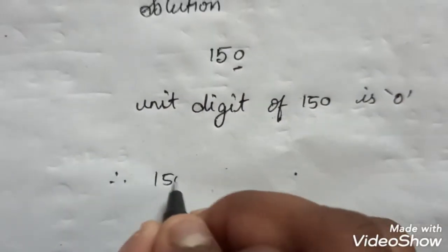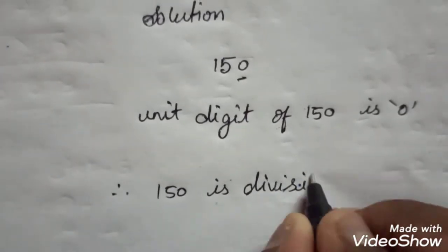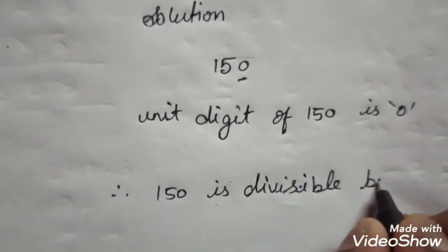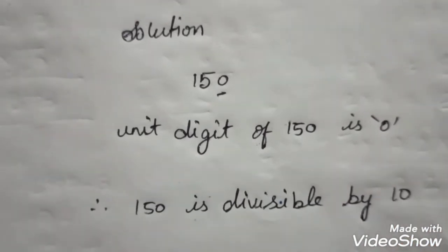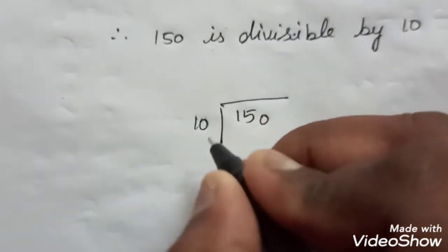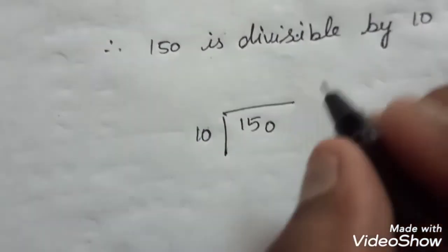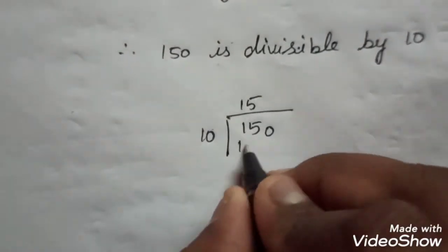Therefore 150 is divisible by 10. Yes, 150 can be divided by 10: 1 ten is 10, 10 tens are 100, 11 tens are 110, 15 tens are 150.